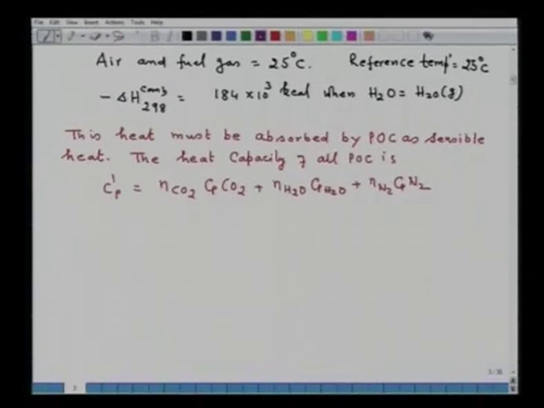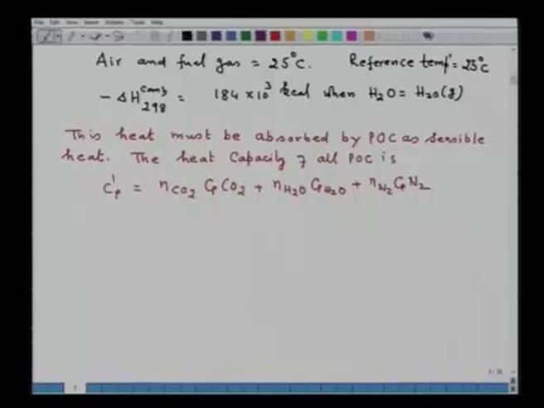So, this is the heat capacity of the mixture of the products of combustion. So, what I have to do now? I have to substitute the value of n CO2 and Cp CO2. These values I have given already, but I can give once again over here.